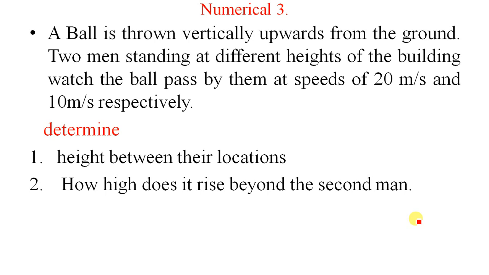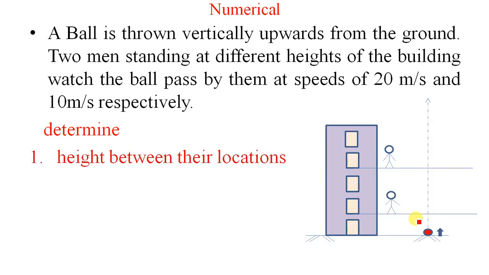When the first person observes it, the velocity of that ball is 20 meter per second, and when the second person observes it, it is 10 meter per second. Now these are the two persons observing this ball.